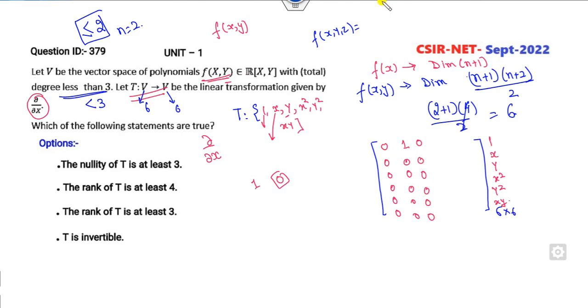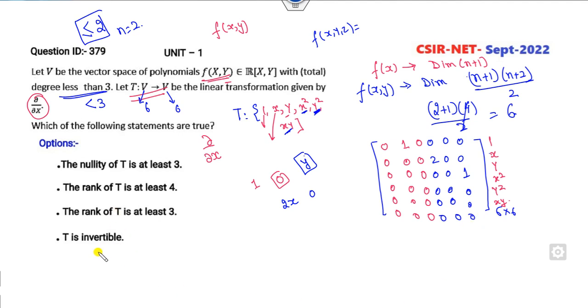Rest values are 0. x square, the partial derivative will be 2x, so the coefficient of x is 2, rest values are 0. y square, the partial derivative will be 0, so it's 0 here. And the last one, xy: the partial derivative with respect to x is y, so the coefficient of y is 1, rest values are 0.